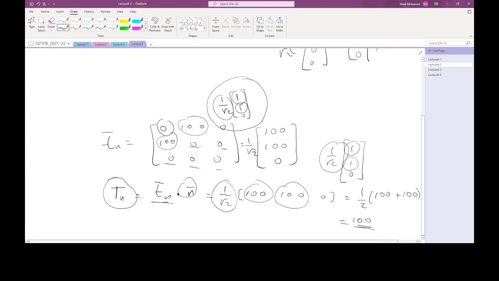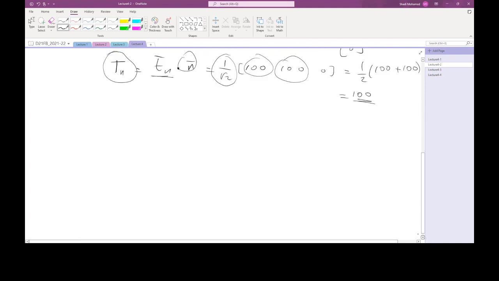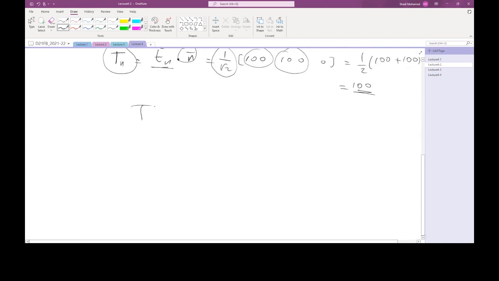Now I need to find what is the shear component. To find the shear component, I have Ts squared is equal to T squared minus Tn squared. Now this one, I know it is already written here. This is the 100. This one here, this is the square root of the sum of the squares.